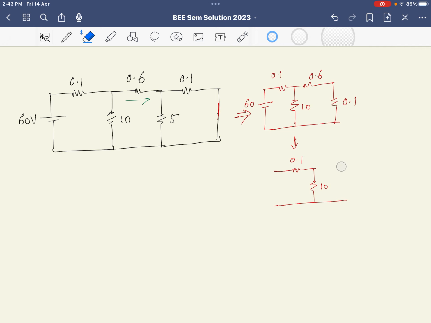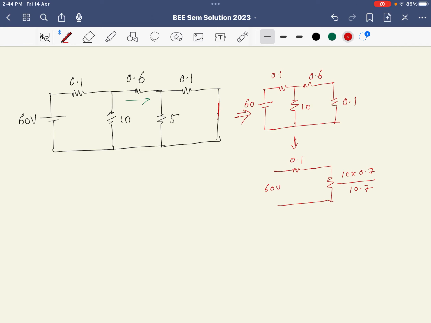So why don't we calculate these together and write down here. When I say 10 ohm and 0.7 in parallel, that value is 10 into 0.7 divided by 10 plus 0.7, that is 10.7, and the supply voltage is 60 volts.